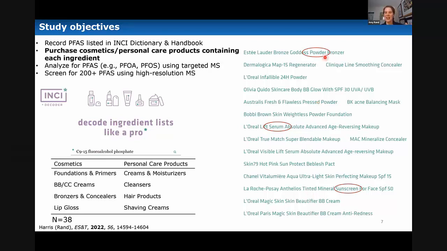And just to highlight here, there's a real diversity of products containing this ingredient, ranging from powders to different serums, sunscreen, and personal care products. So we compiled in total 27 different ingredients from this INCI dictionary, and then through this website found different products that were available to purchase on the Canadian market, 38 in total, from Sephora, Walmart, different drugstores, as well as Amazon.ca.